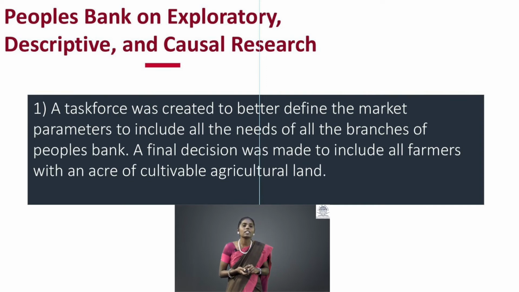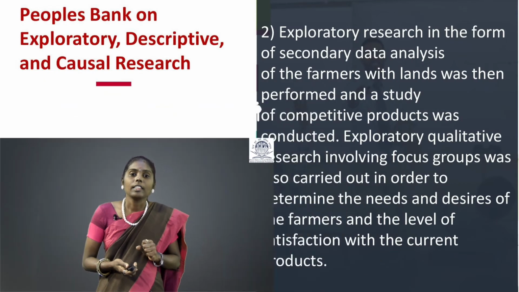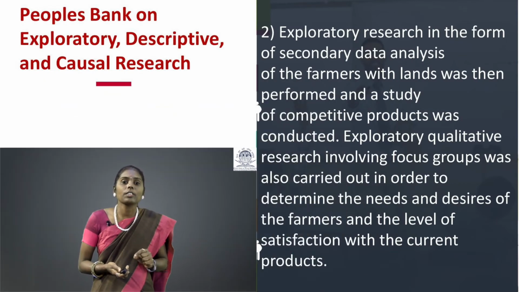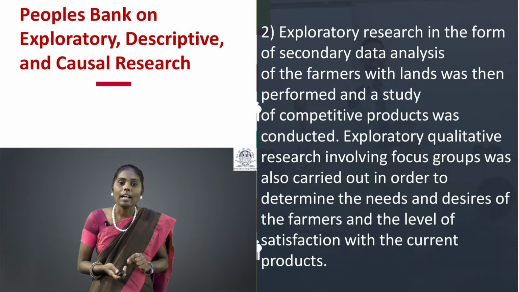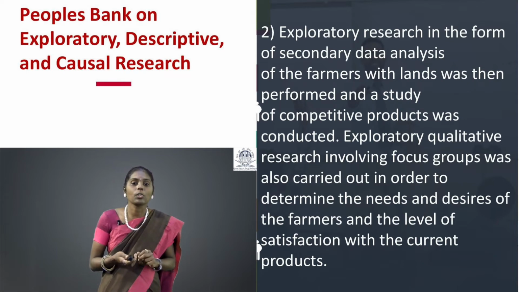Then a final decision was made to include all farmers with an acre of cultivable agricultural land, right. So first they decided whom to study, who their target population is. Then exploratory research in the form of secondary data analysis of the farmers with lands was performed, and a study of competitive products was also conducted.